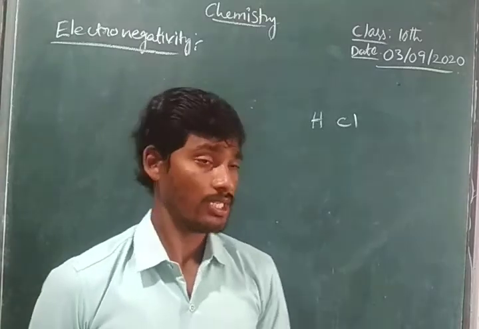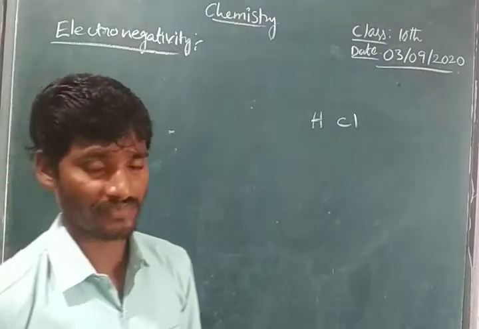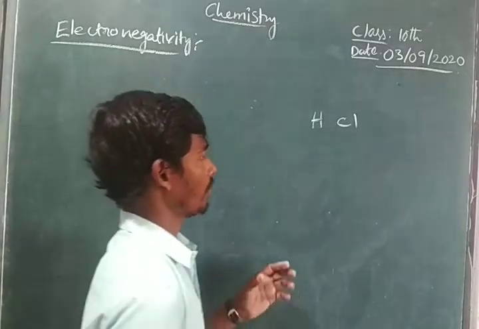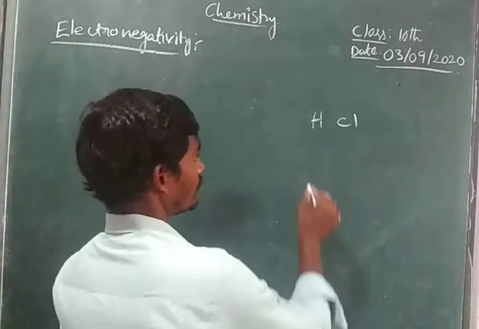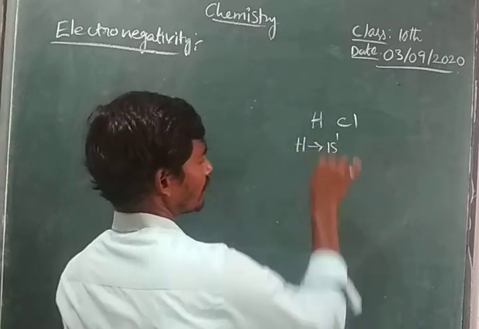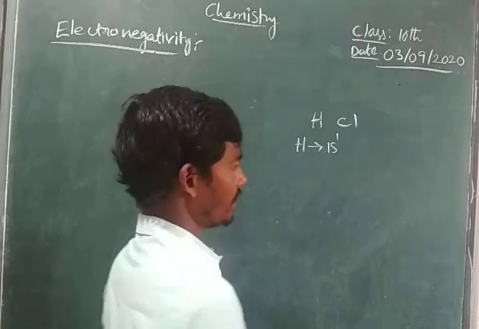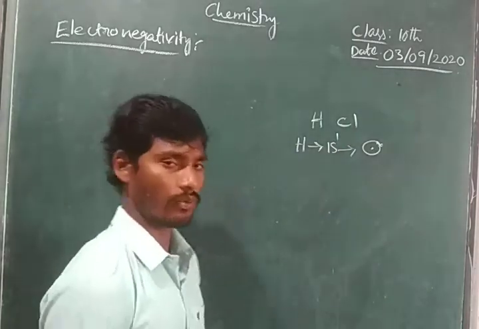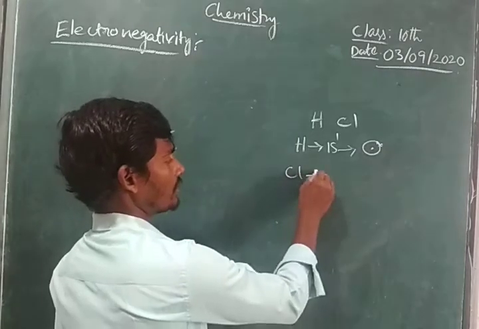Hydrogen has the electronic configuration 1s1, which means in the valence shell it has one electron.